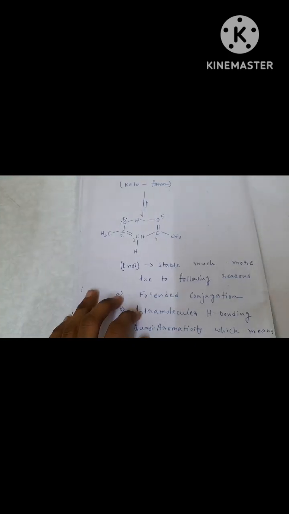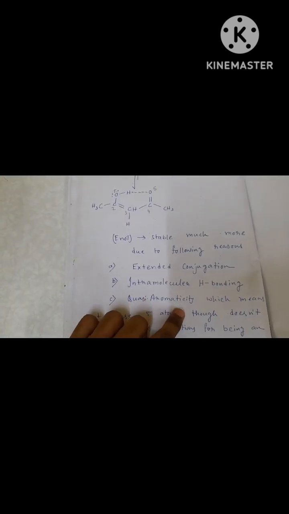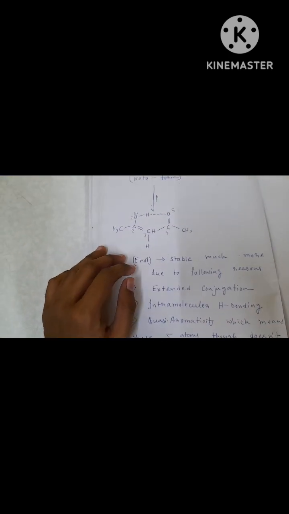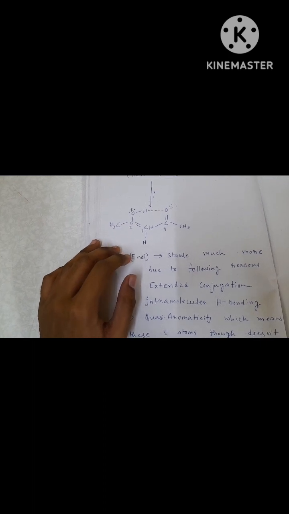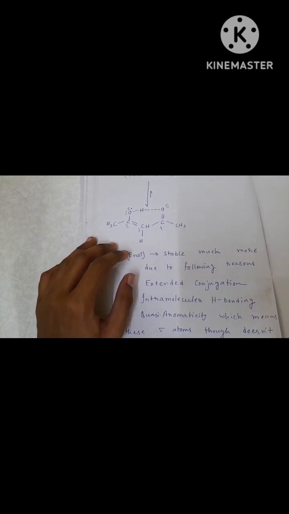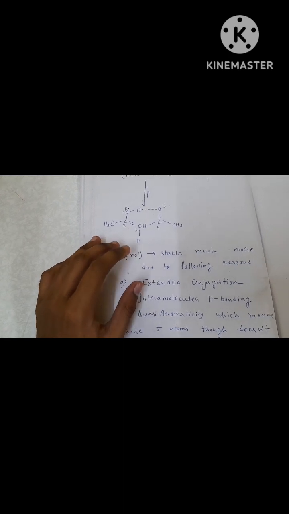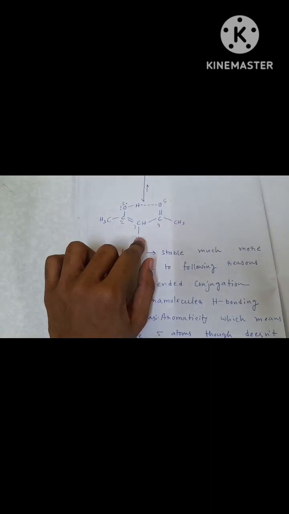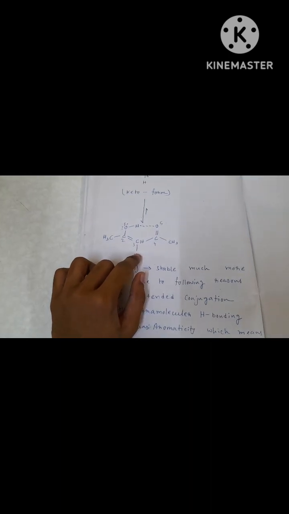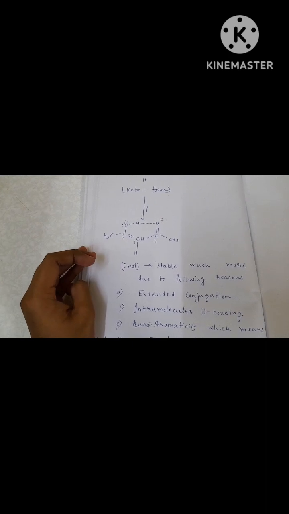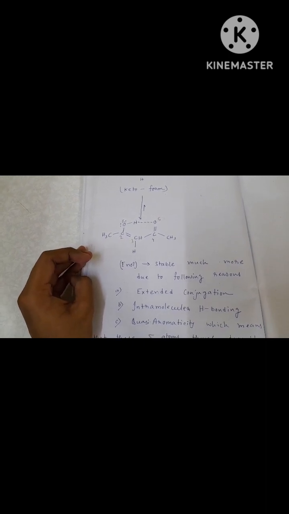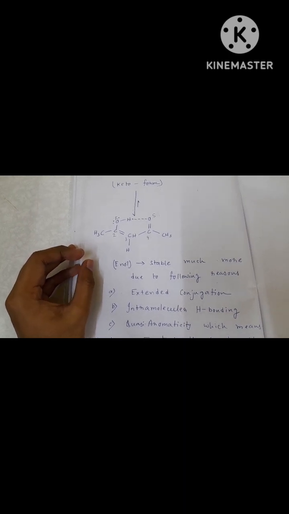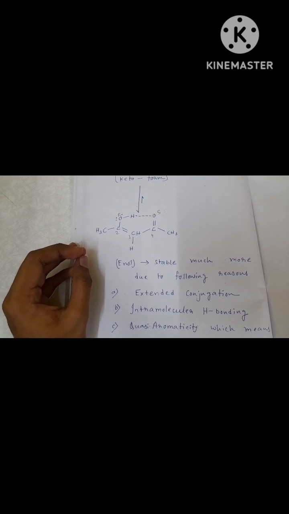So for this reason I have introduced the term quasi-aromaticity, which means it seems to be aromatic but is not actually aromatic at all. It behaves like an aromatic system, but in actuality it is not. It behaves like an aromatic because you can see that this is a cyclic system. You should know the conditions for an aromatic system: it will be cyclic, it will be planar, all the ring atoms possess an unhybridized 2p orbital, and parallel conjugation should take place between them containing 2, 6, 10 pi electrons.